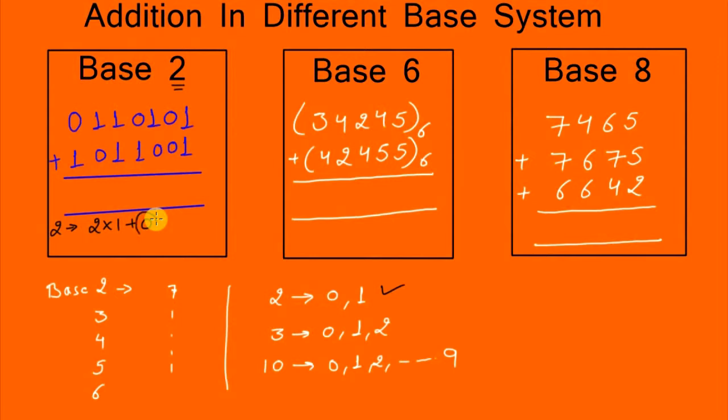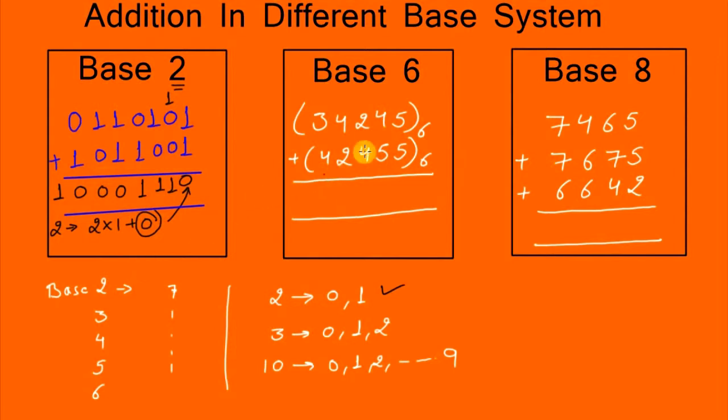This 0 goes here, and this 1 goes as a carry. Now 1 plus 0 is 1, so it comes here as 1. Same way here it will come 1. Then 1 plus 1 is 0, 0, 0. That's the answer for this addition.